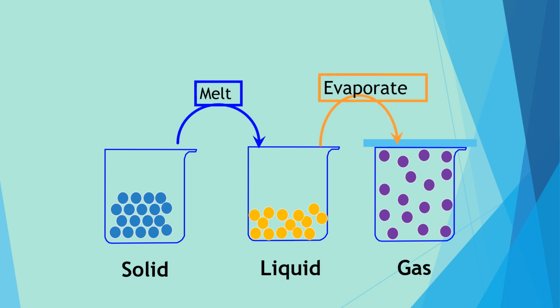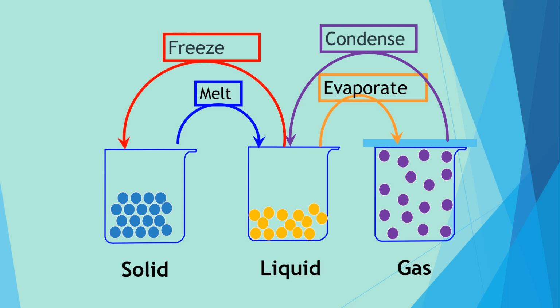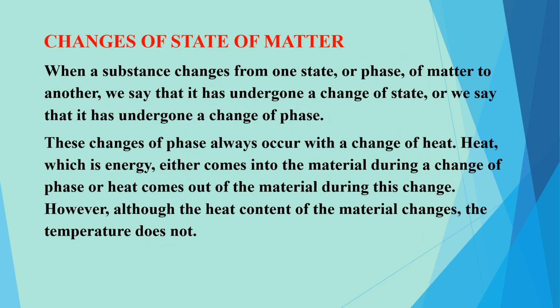The liquid can become a gas by evaporation. The gas can be turned back into liquid by condensation, and the liquid can be brought back into a solid by freezing. Changes of state of matter.